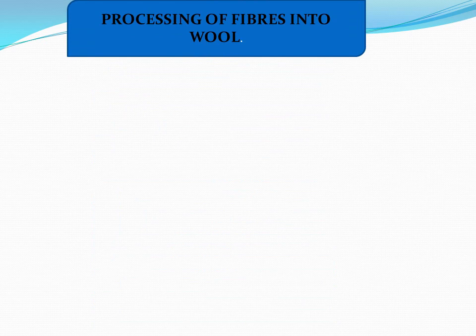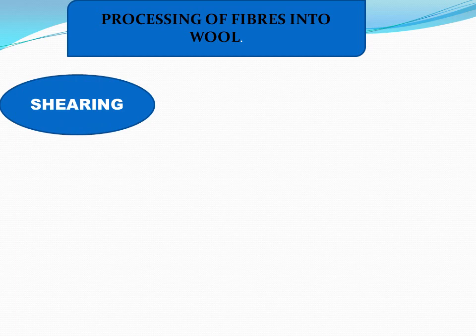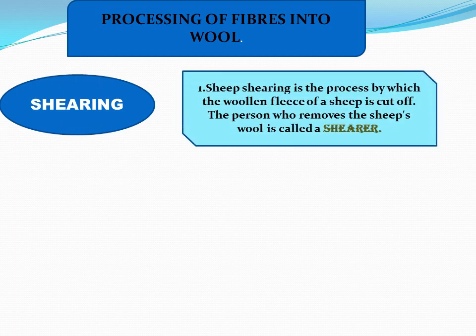The processing of fibers into the wool. The first step in this is shearing. Sheep shearing is a process by which the woolen fleece of a sheep is cut off. The person who removes the sheep's wool is called a shearer.